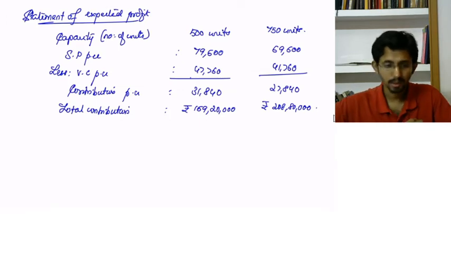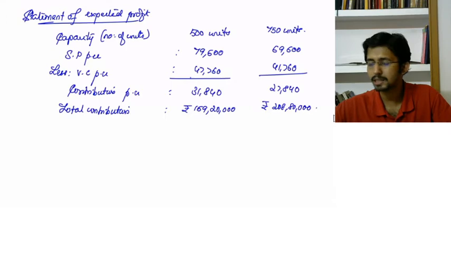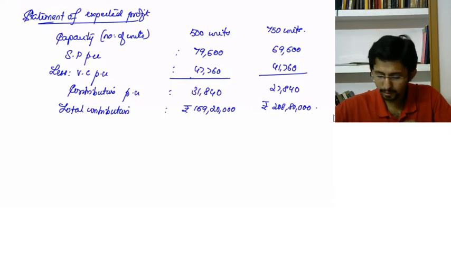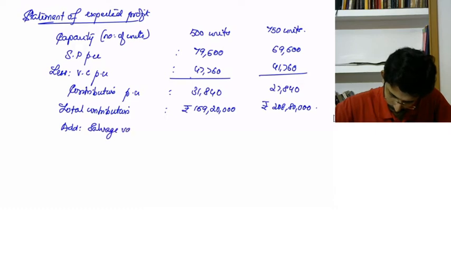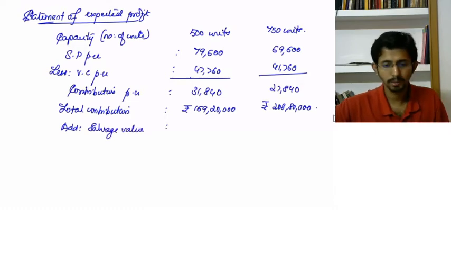So what you have to do here is, there is some salvage value for the machineries at the end of the period, that has to be added with the contribution because it is an inflow. Okay, so add salvage value. What will be the salvage value?